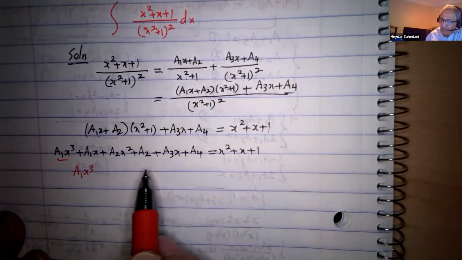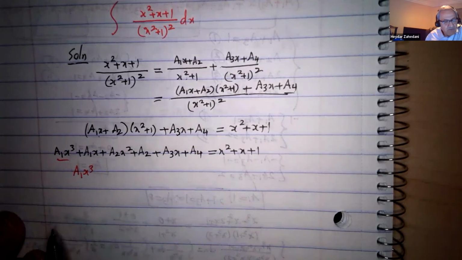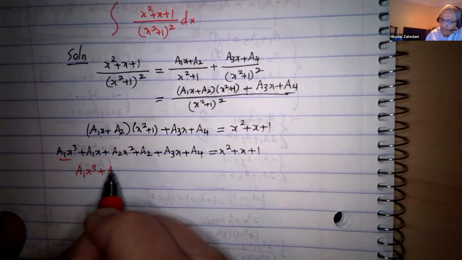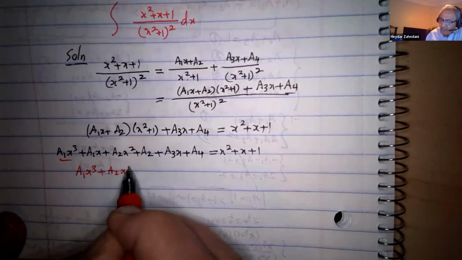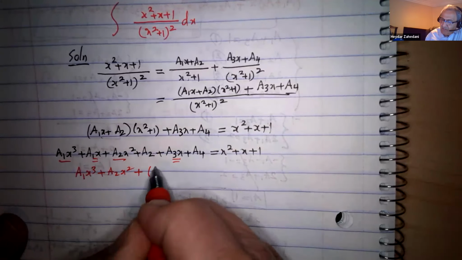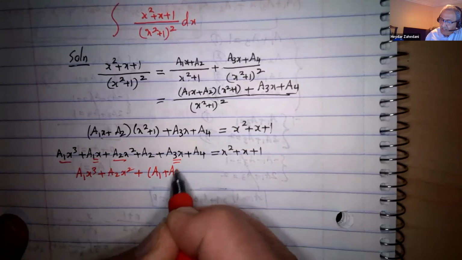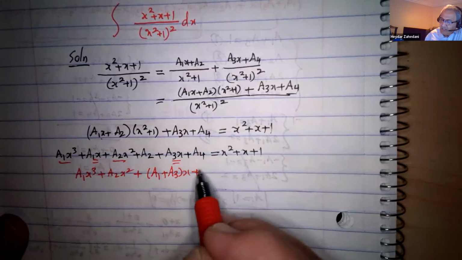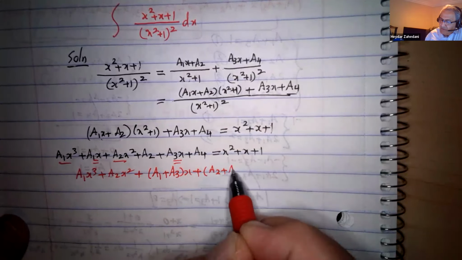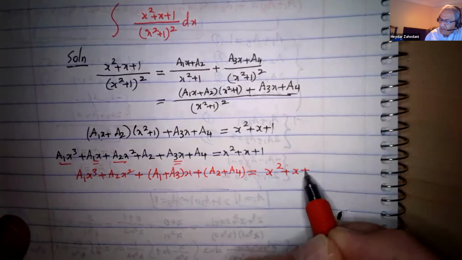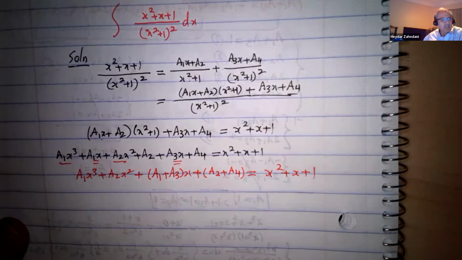Then you have the x squared. How many? One x squared only. So this is going to be just plus a2x squared. See, this is 1. Then you have the x's. You have 2 x's. Factor out the x. So that will be (a1 plus a3)x. The leftover is going to be the constant, the a2 and the a4. On the other side, we get x squared, x, 1.